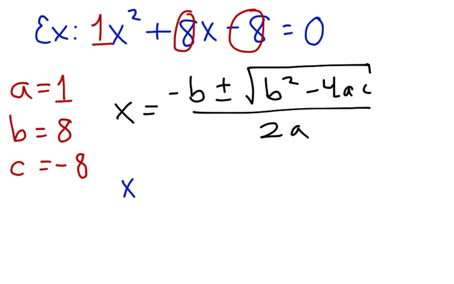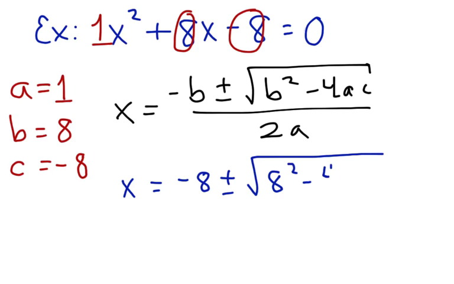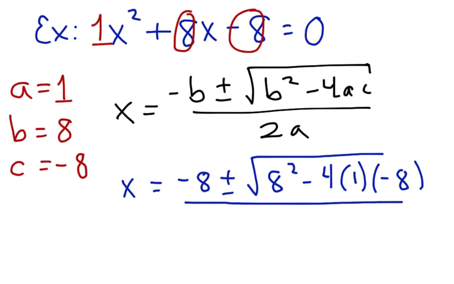So in this example, b was 8, therefore negative b will be negative 8 plus or minus the square root of b squared, so I'm going to put in my 8 and square it, minus 4 times our a value, which was 1, times our c value, which was negative 8, and that's all going to be divided by 2 times my a value again, which was just 1. So there it is, just plugging in the values of a, b, and c for this specific example.